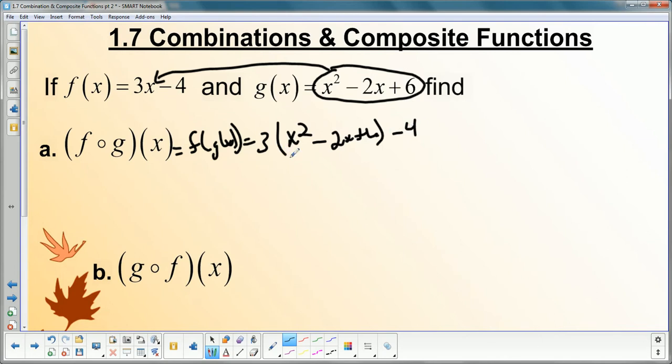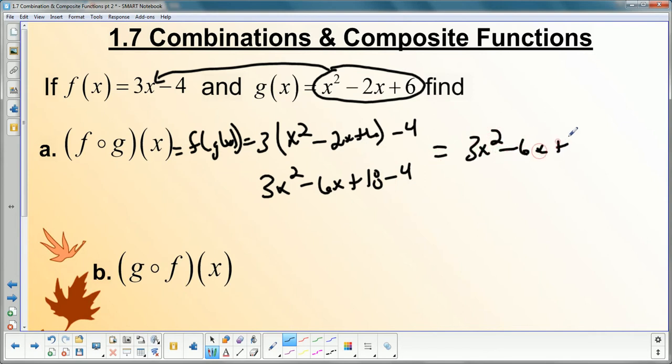So I'm going to distribute that 3, so I get 3x squared minus 6x plus 18 minus 4, and after I combine like terms, I get 3x squared minus 6x plus 14. Okay, and that would be f of g of x.